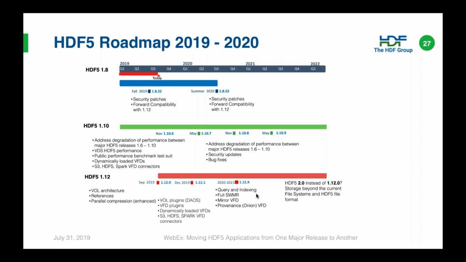And our main goal for the releases is to address degradation of performance between major releases 1.6 and 1.10. We were making some improvements to the VDS feature. We will provide with 1.10 a public performance benchmark test suite, and I'm asking you to provide use cases for us so we can watch our performance.